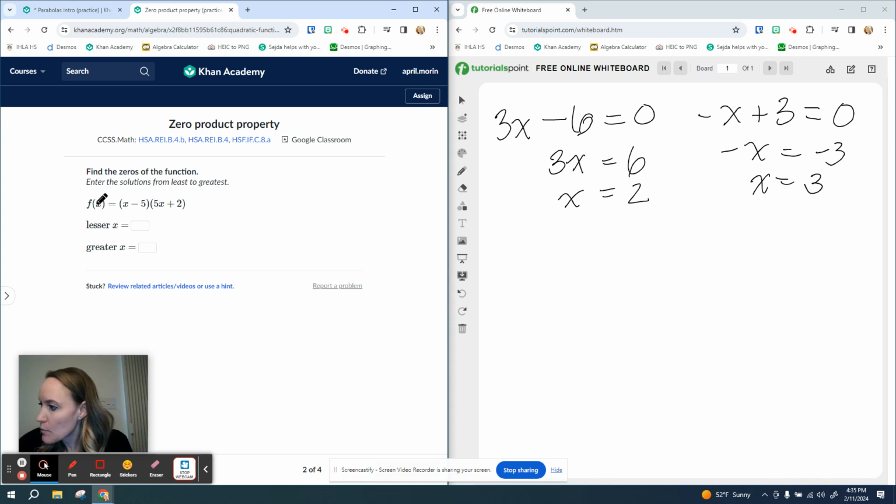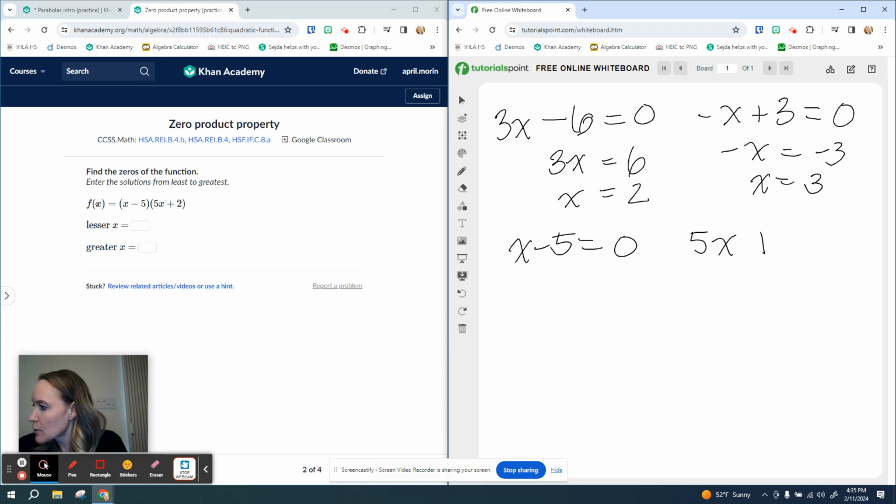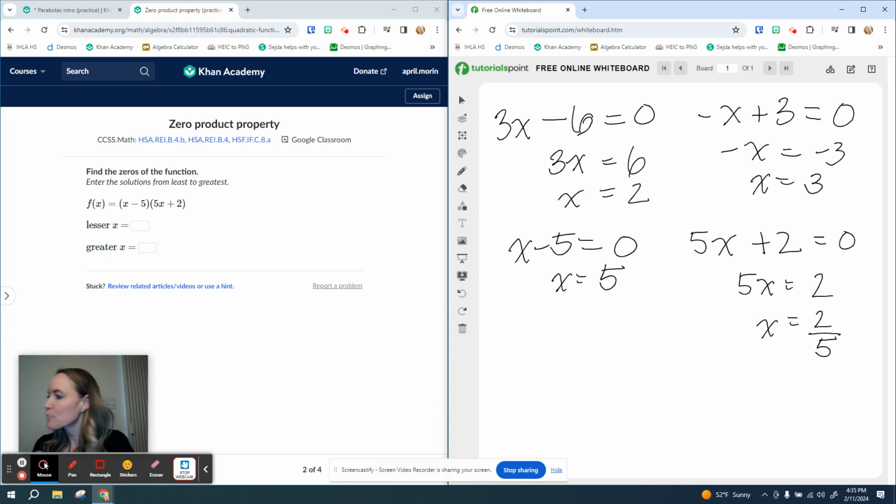Then we have x minus 5 equals 0, and 5x plus 2 equals 0. So x minus 5 equals 0, x equals positive 5, right? 5 minus 5 equals 0. So 5x equals 2, x equals 2 fifths.